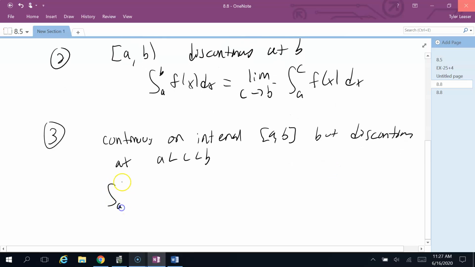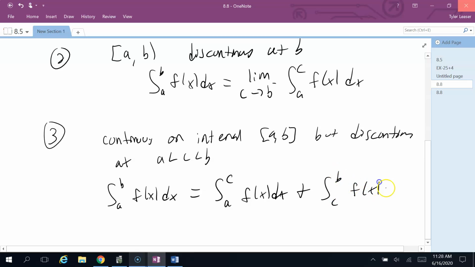Then, if you try integrating from a to b f of x dx, somewhere in my interval from a to b, I have a discontinuity. What you have to do then is combine steps 1 and 2 together, integrate from a until you get to that discontinuity, plus integrating from c until b. Again, doing the limits like you did from up above.